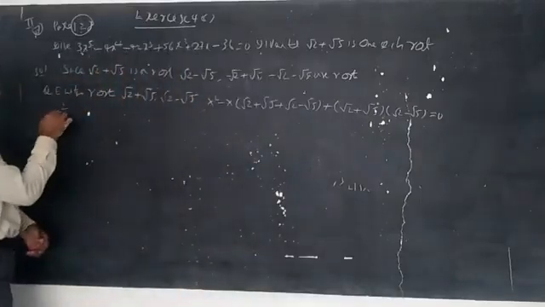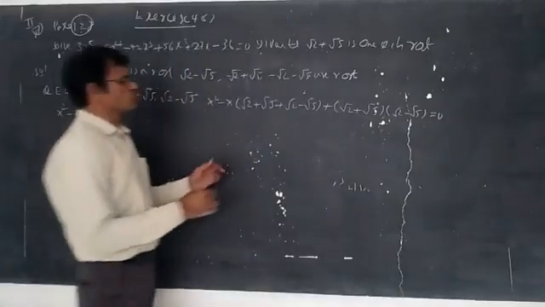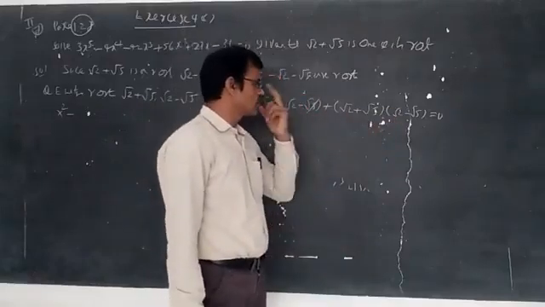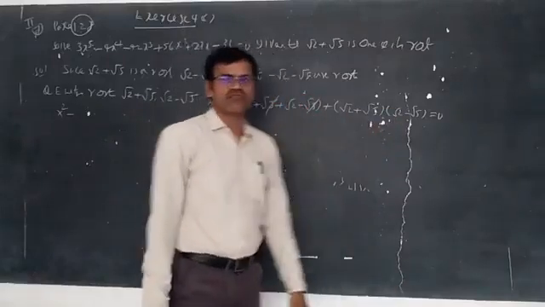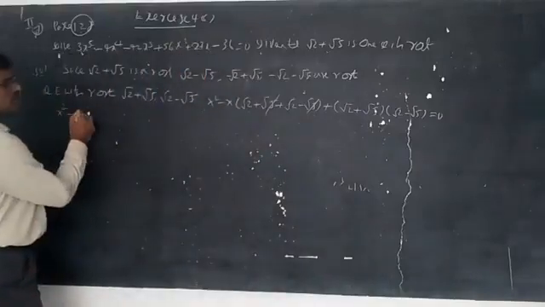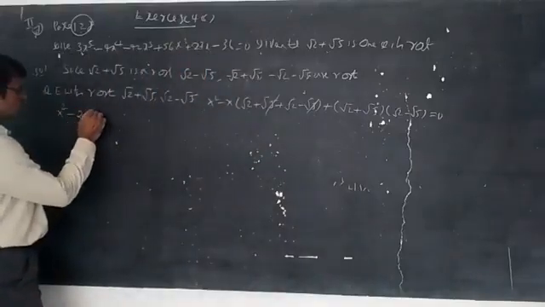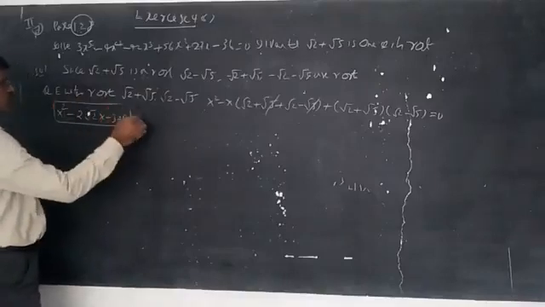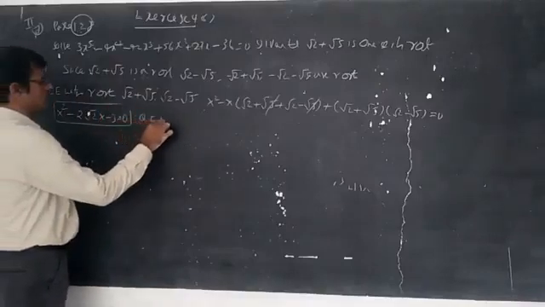Sum is 2 root 2. Using the a plus b into a minus b formula, the product is a square minus b square, 2 minus 5, which becomes minus 3. So x square minus 2 root 2 x minus 3 equal to 0. Keep aside.